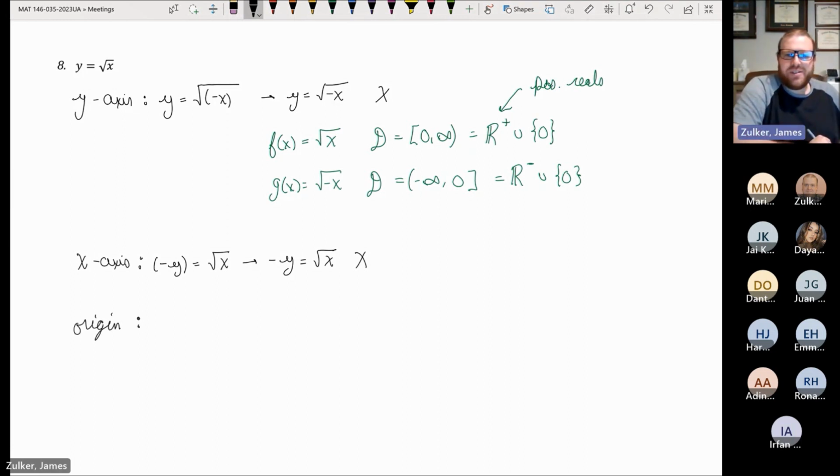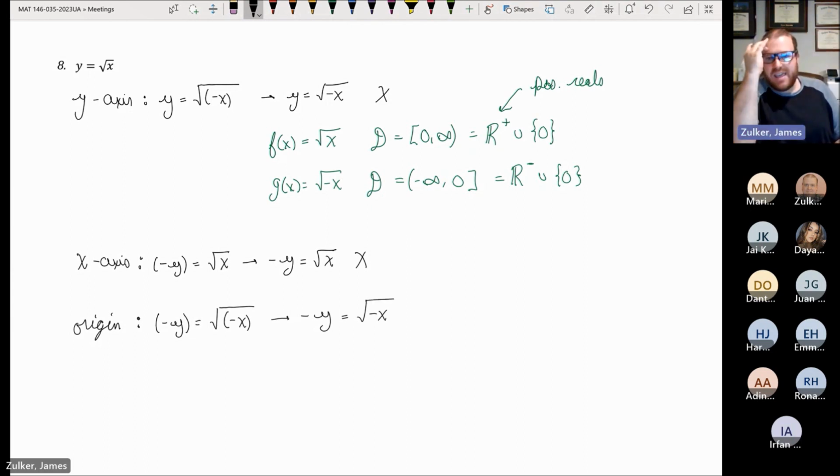So what about the origin? Are they the same? Negative y equals square root of negative x.